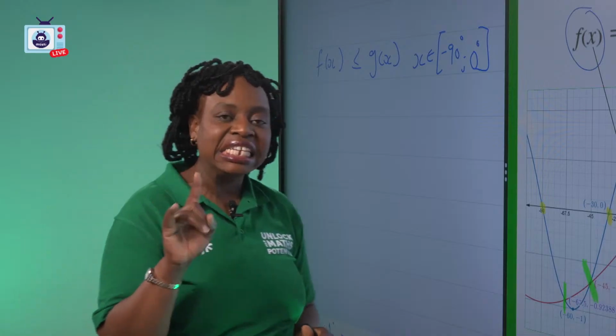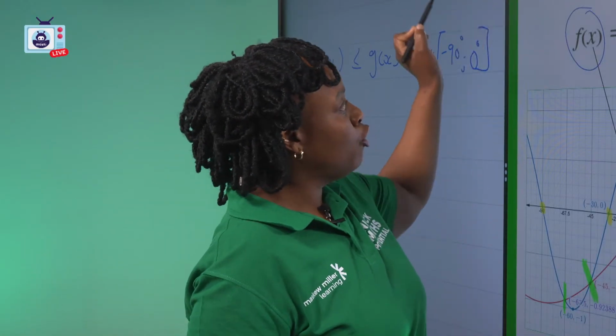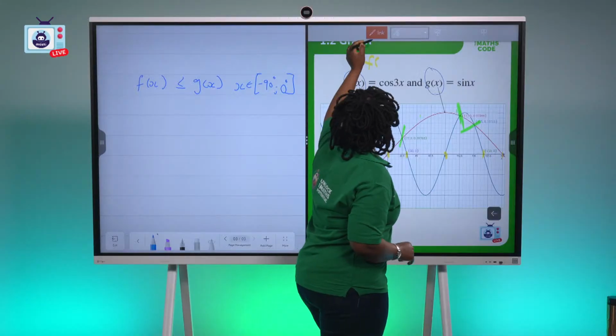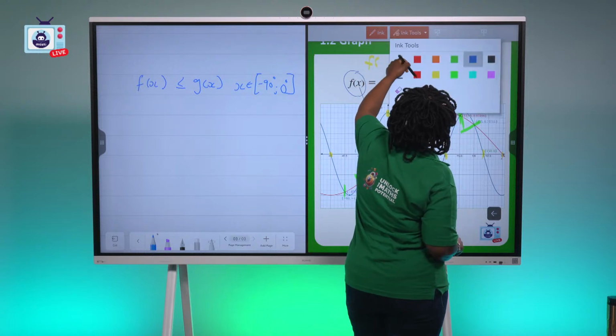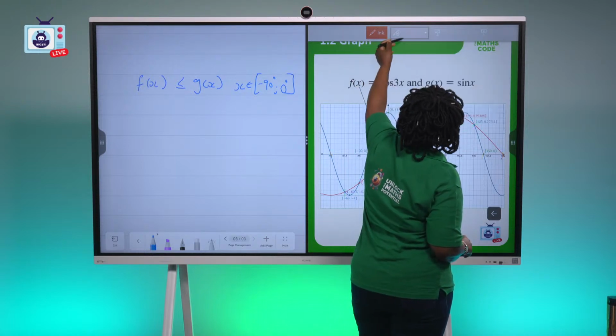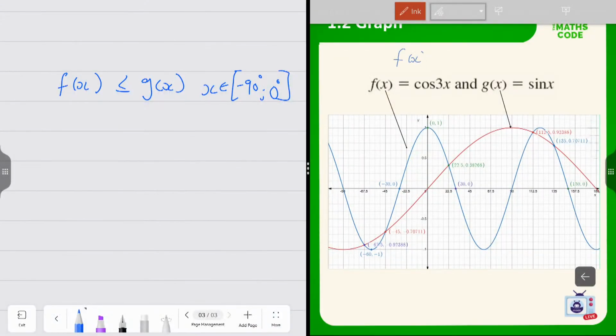But what does this mean? Listen to it. They are saying, look for x where f of x is less or equals to g of x. What does it mean? Right.